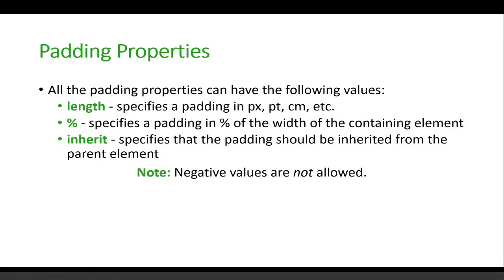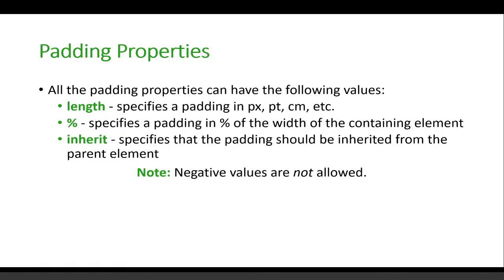Now when we're looking at padding, we're going to be starting out with the length, just specifying a static length. But you can also use a percentage, which, with where we're at now, is going to be a little confusing with the way that padding works. We are just sticking to our specified length, which is going to be in pixels, points, centimeters, or whatever.